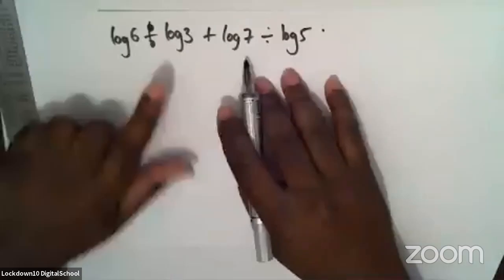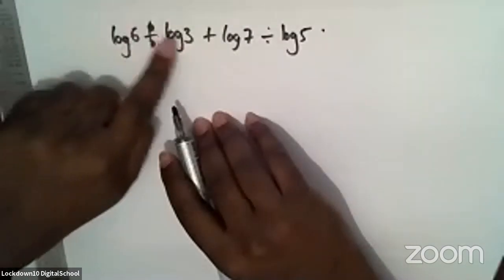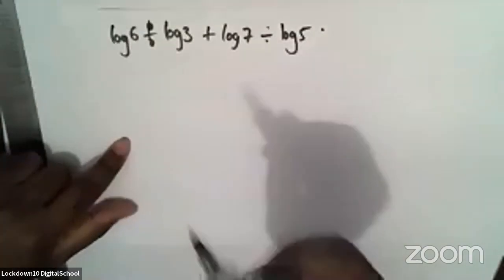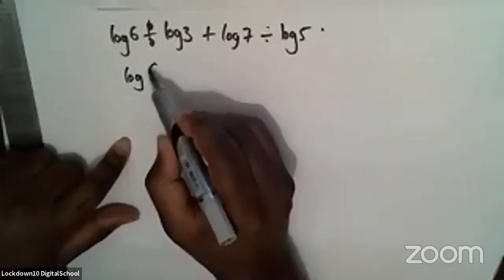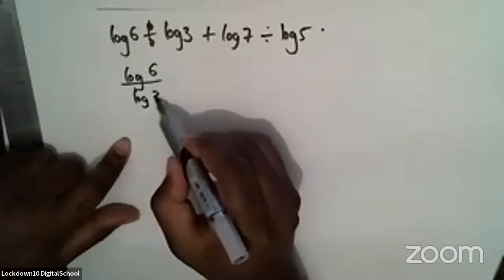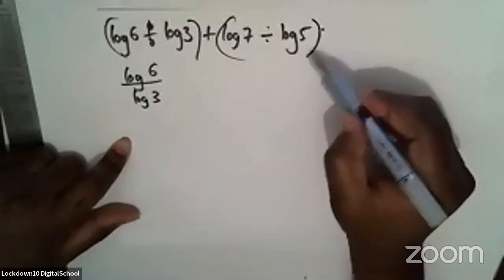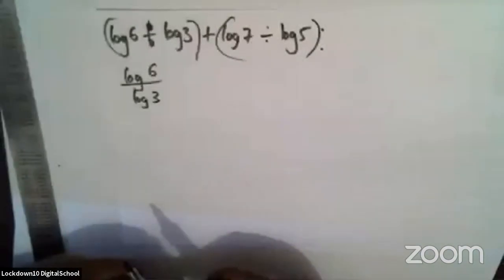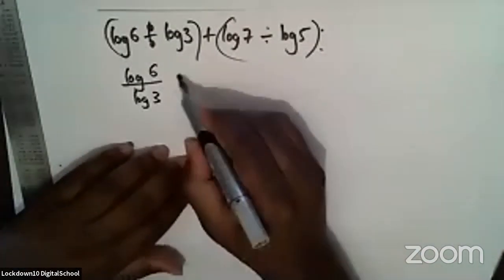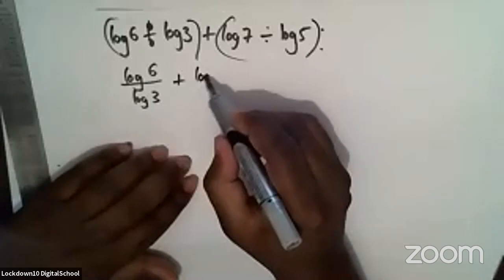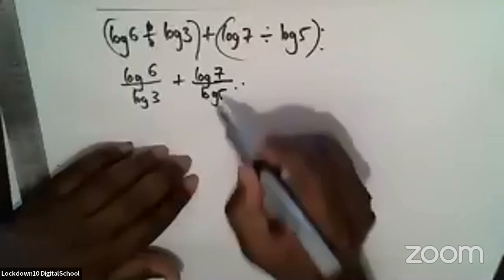You can actually see that these two are dividing. So this becomes log 6 over log 3, by BODMAS, then plus log 7 over log 5.